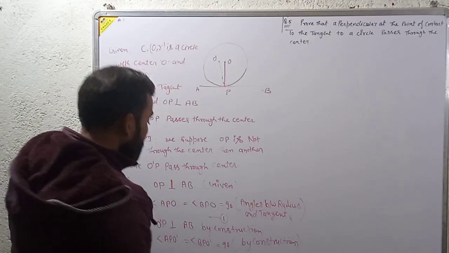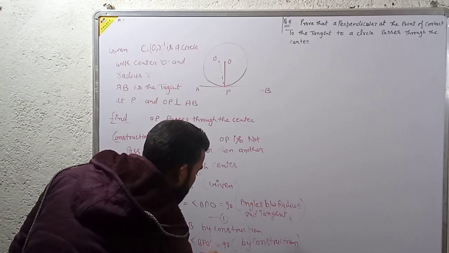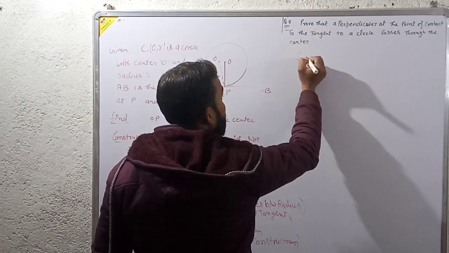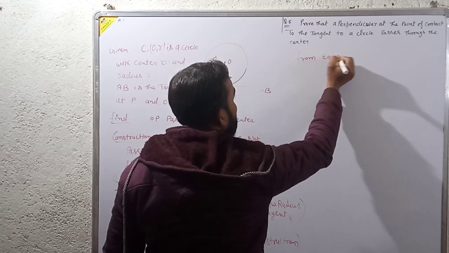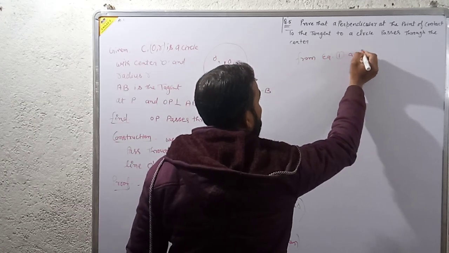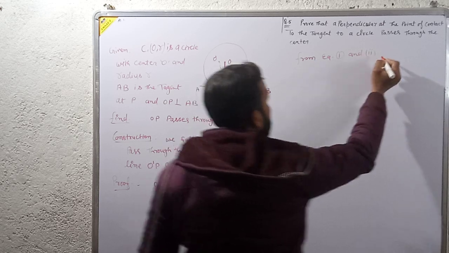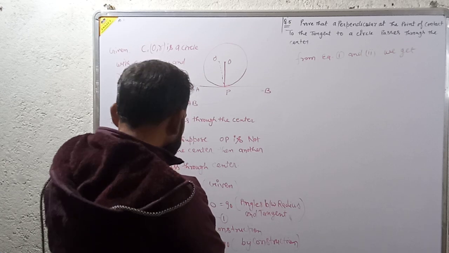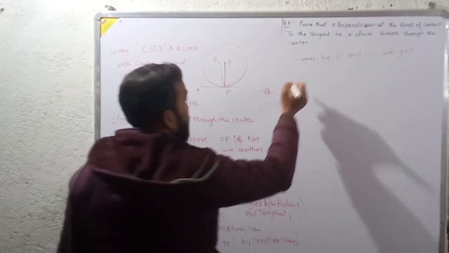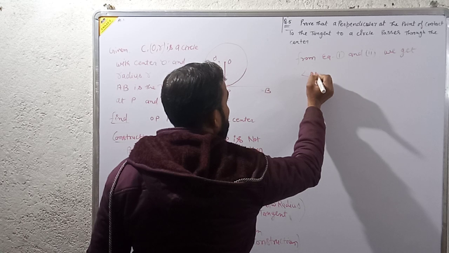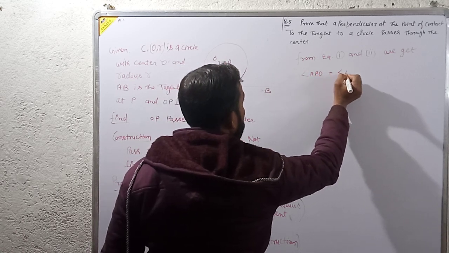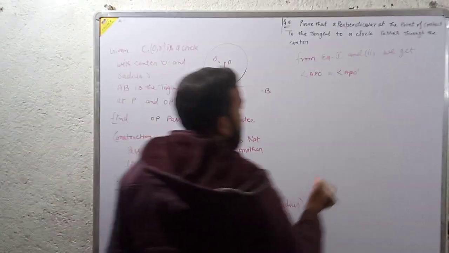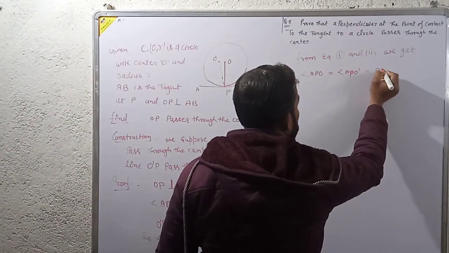Clear? This is equation number second. From equation first and equation second, we get angle APO is equal to angle APO dash, equal to 90 degrees.